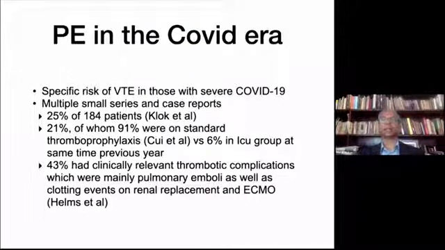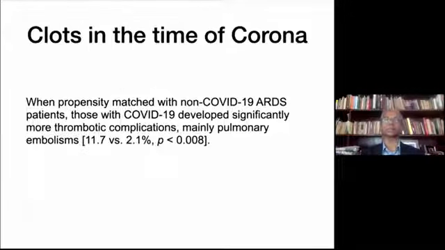So, the last few slides on the COVID era. We know that there is an increased risk of venous thromboembolism in patients with severe COVID. 25% to 43% have had clinically relevant thrombotic complications, mostly pulmonary emboli, but also other things. And this is also in patients on renal replacement therapy and ECMO, where there's a very high risk of clotting events.